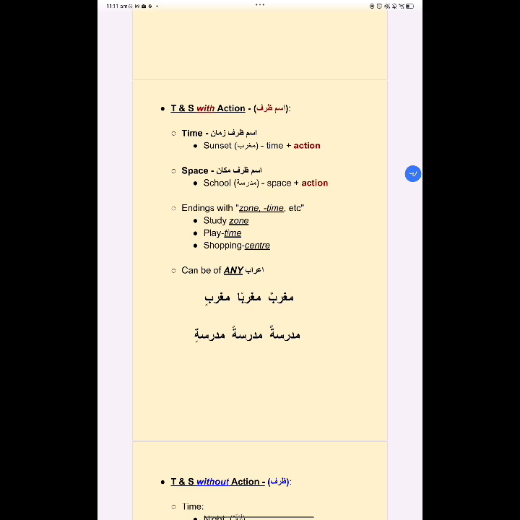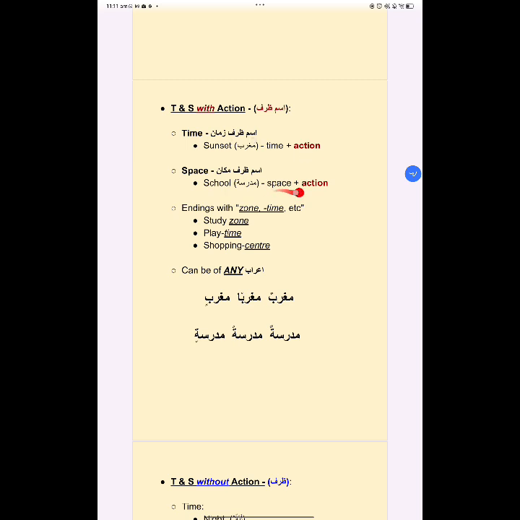Now, time and space with action, or simply ism zarf. Ism zarf zaman is going to tell you a specific time that has a particular action associated with it. So, time and action. For example, sunset or maghrib, the time of ghurub of the sun. So time plus action equals ism zarf zaman.